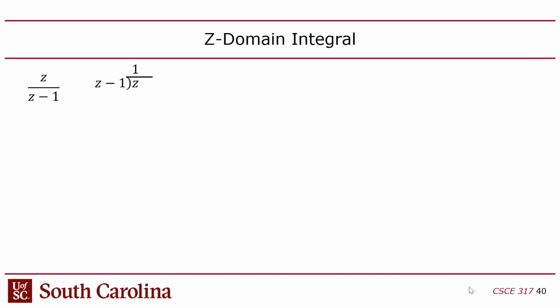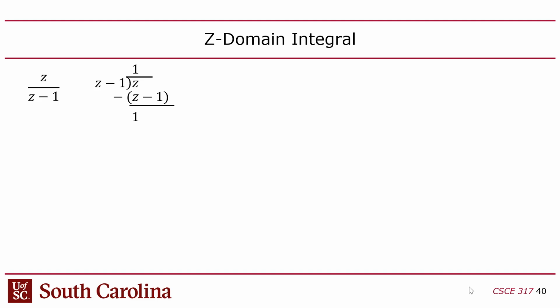And I mentioned that if you do long division here, you start dividing this, so z minus 1 divided into z. That's 1, but then there's a remainder.